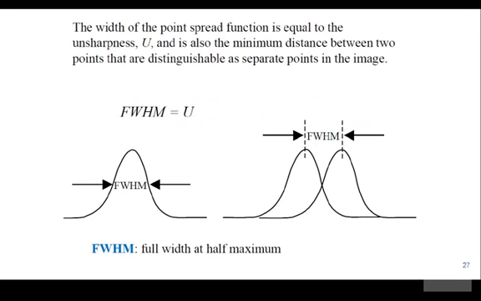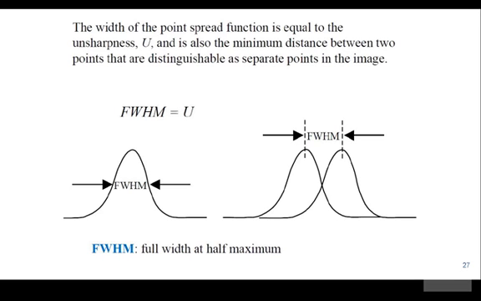This is also going to affect our ability to distinguish close objects, or objects between two points. If we have a very broad point spread function or image response function, it's going to make it harder to distinguish two close objects which are quite small.